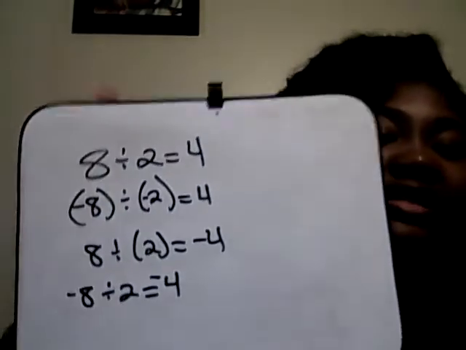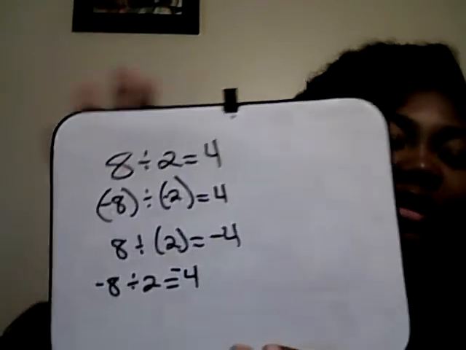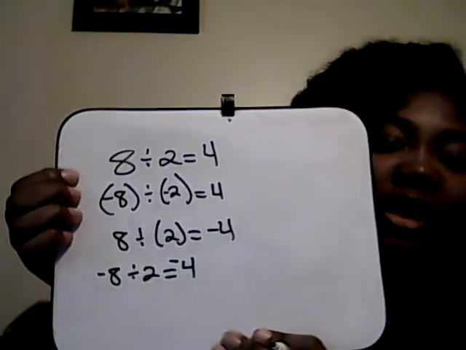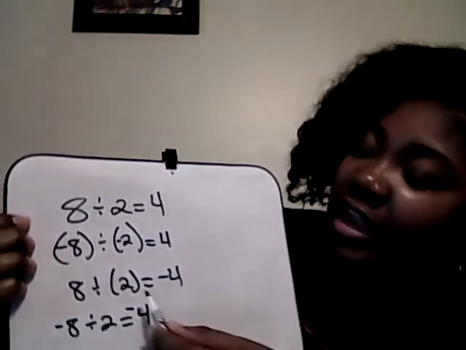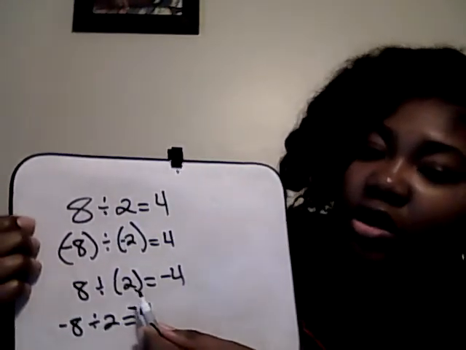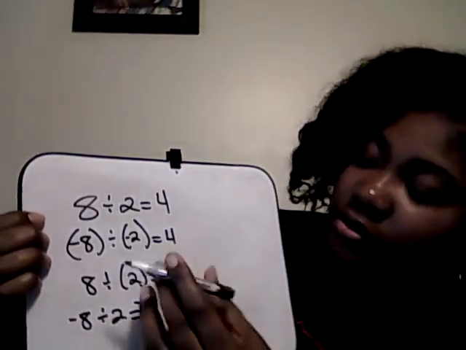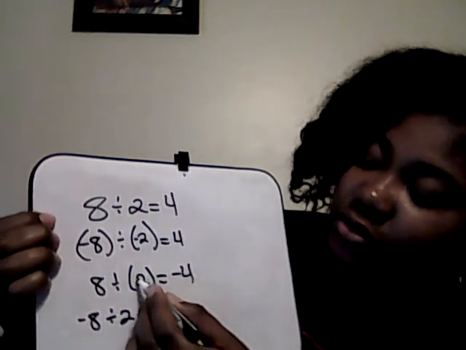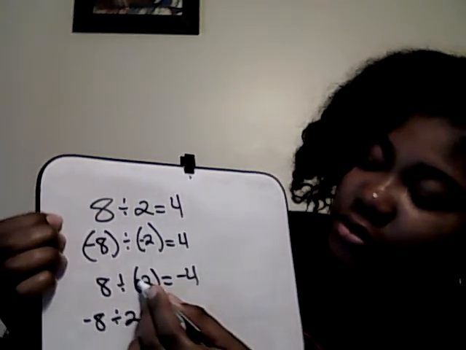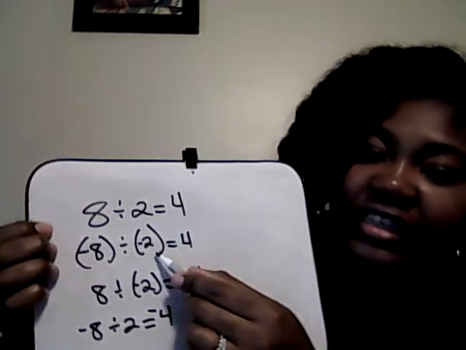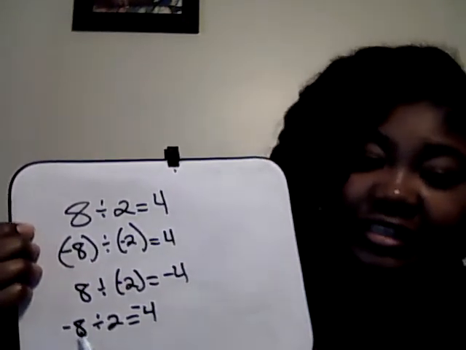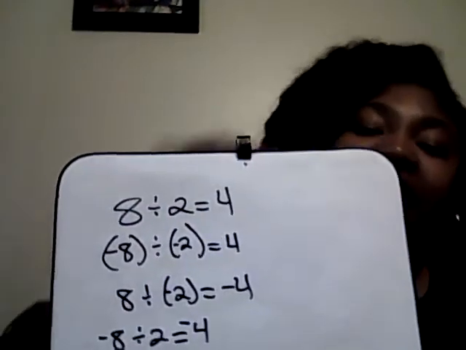Okay. So these are examples that I have for division, the principle when it comes to division. Whether it has the bracket like this, you put that negative sign right there. Whether it has the negative sign and a bracket like this, or whether it's like this, that means the exact same thing.